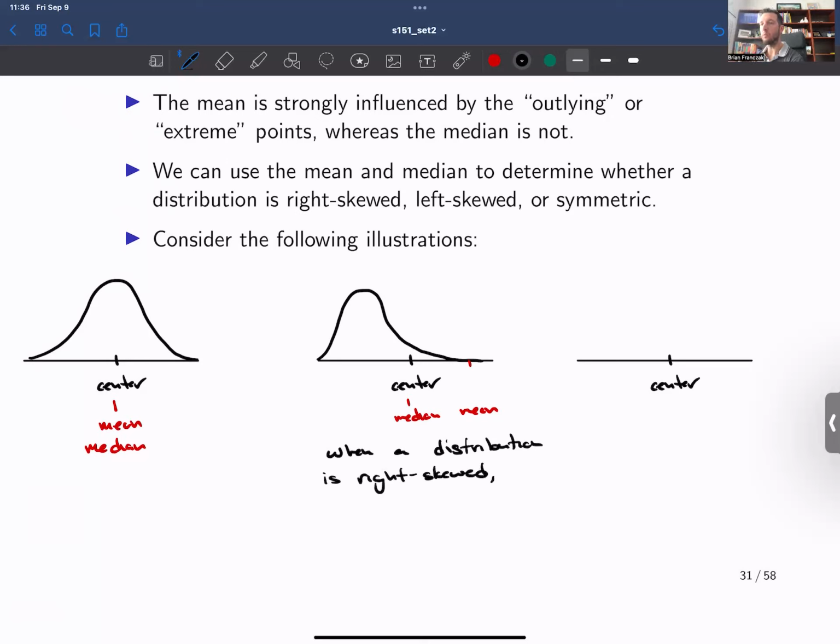the mean will always be bigger than the median.